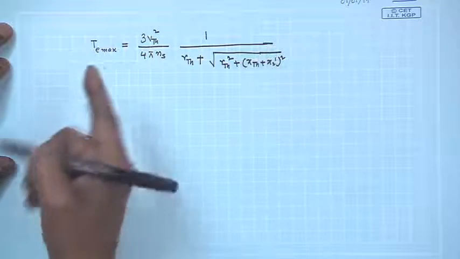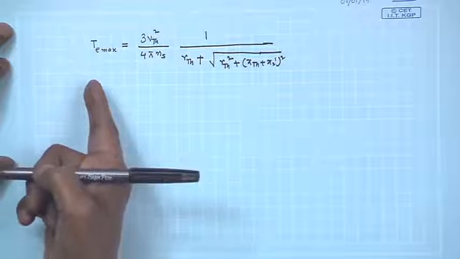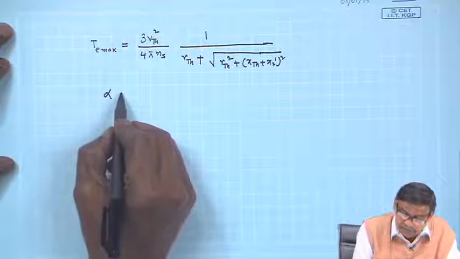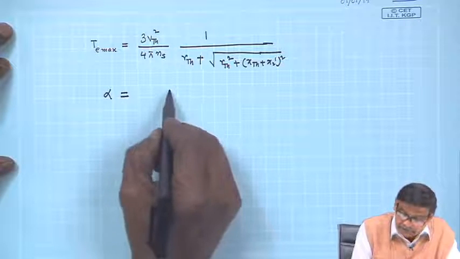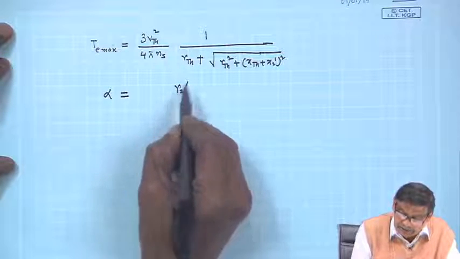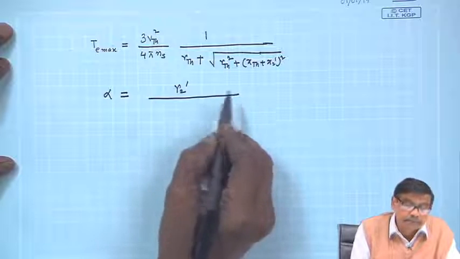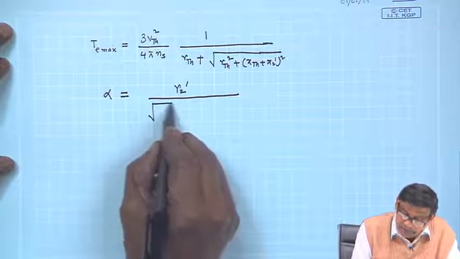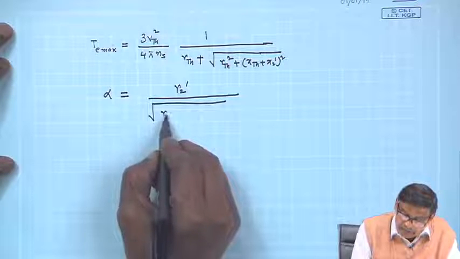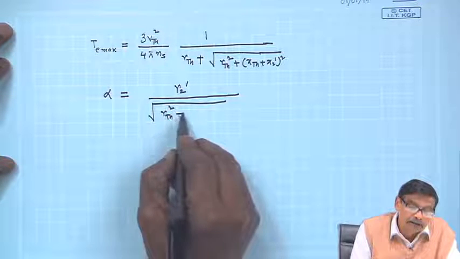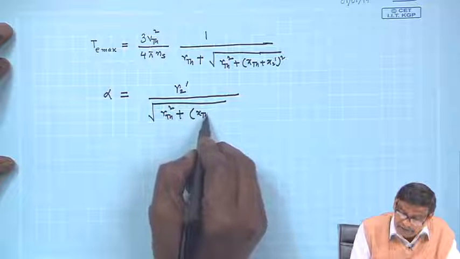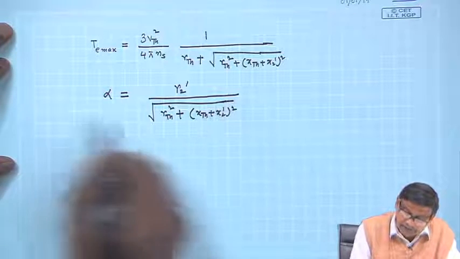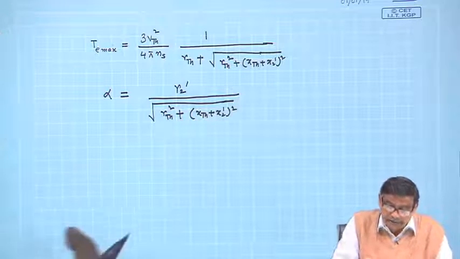This was T max, and the slip value at which this T max occurs, I denoted by alpha, and it was R2 dash by square root of R Thevenin squared plus (X Thevenin plus X2 dash) whole squared. So, these were very important results.